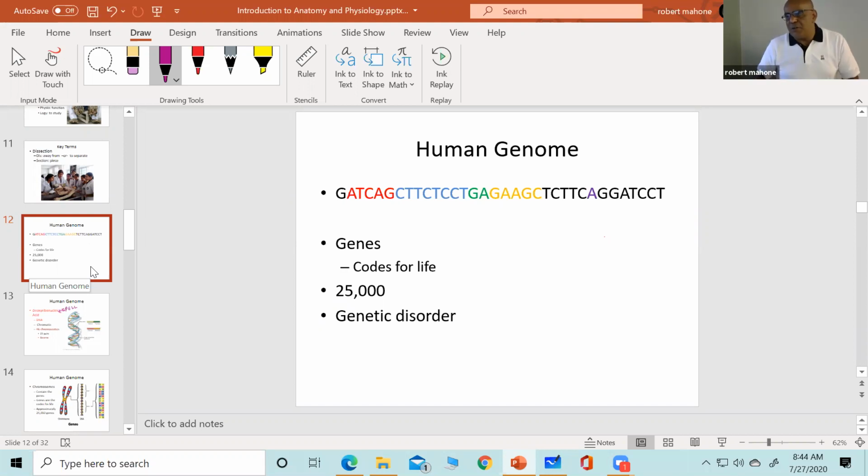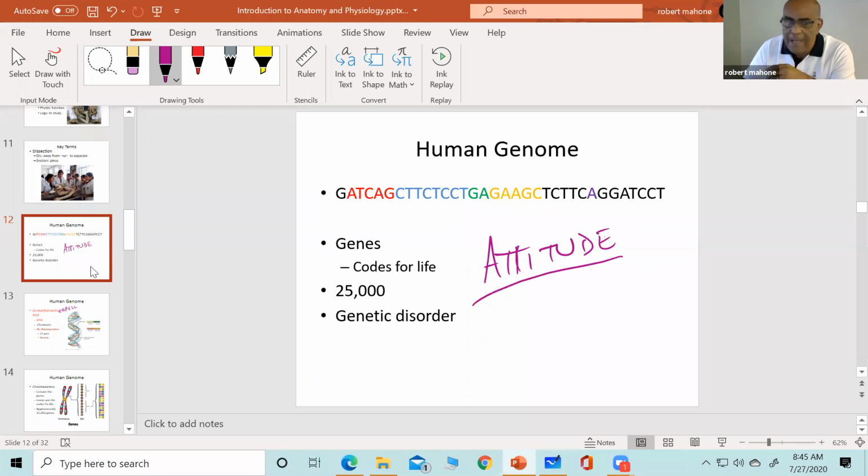All right. So that is the human genome. 25,000 codes that tell the body how to develop properly, how to create certain things. For example, how to create insulin, how to regulate the calcium in your bones versus your blood. How is the heart supposed to develop inside a person, and so on. So all of that is in your DNA. We also mentioned things like attitude.